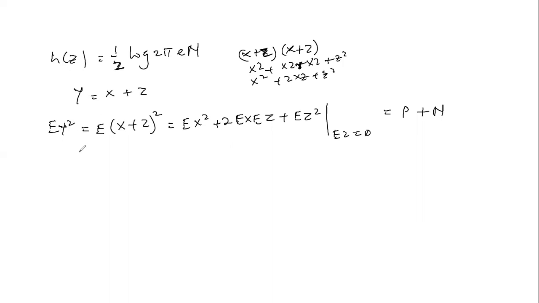Since X and Z are independent and the expectation value is the same as 0, then the entropy of Y is bounded by 1/2 log 2 pi e (P plus N). So by applying this result to the bounded mutual information, what do we get?